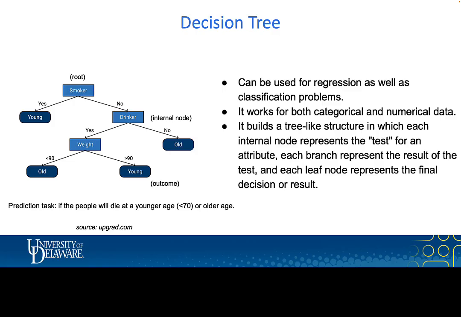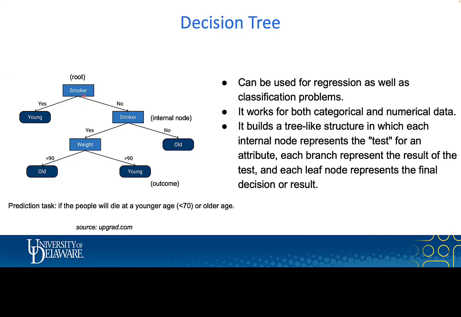A decision tree can be used for regression as well as classification problems. It works for both categorical and numerical data. It works by learning simple decision rules inferred from the features of the data to predict an output. The model is structured like a tree, as we see in this example, starting from a root node, which represents the entire data set.